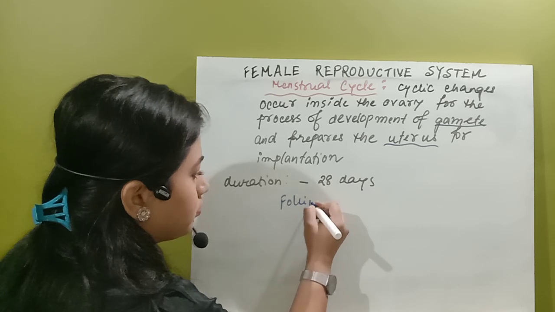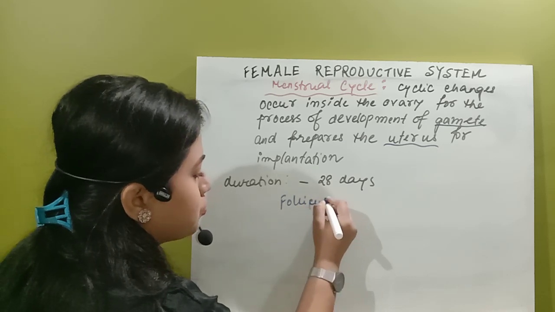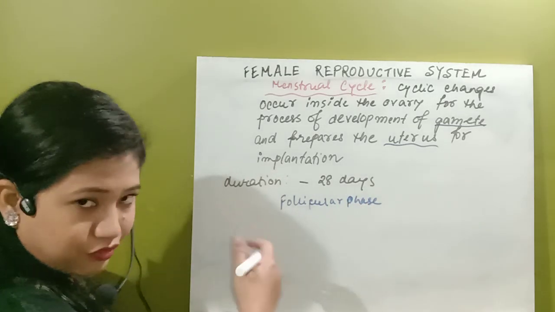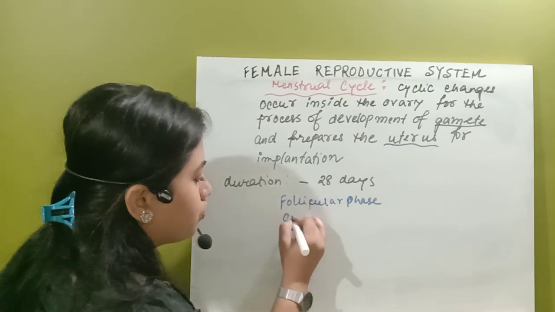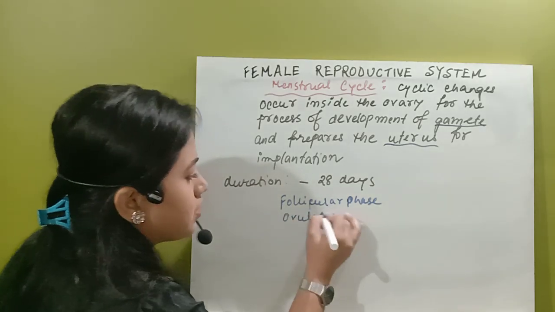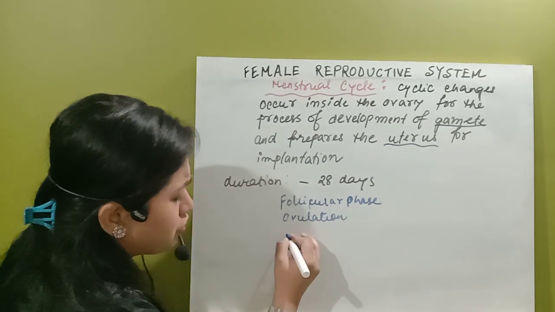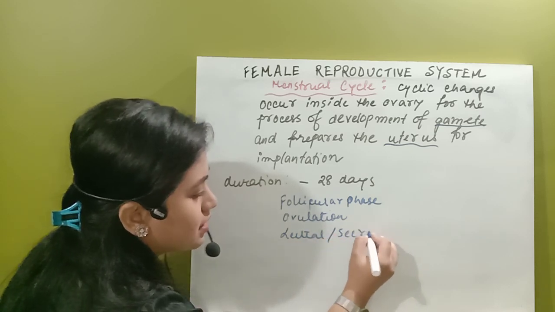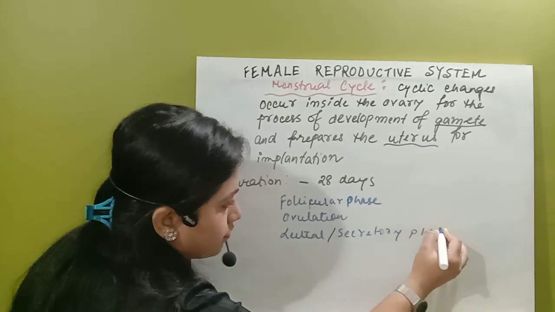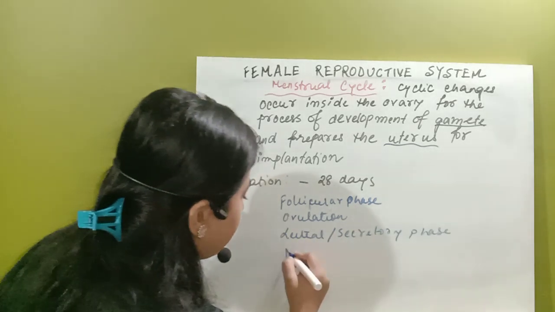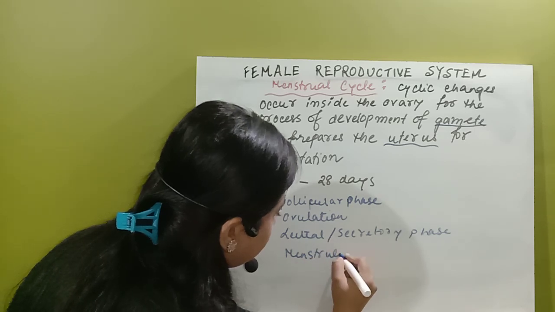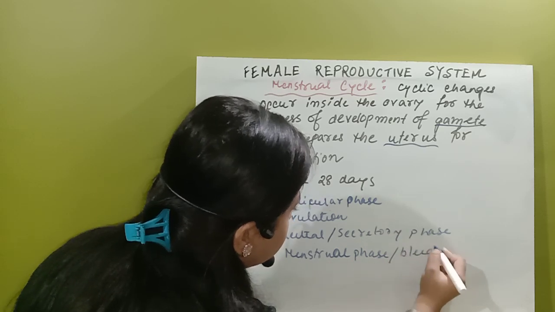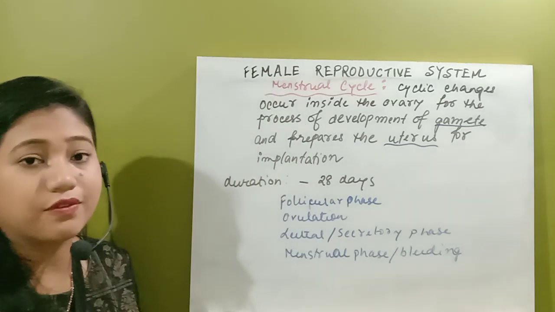Second phase, after the follicular phase, we have ovulation. Third phase is the luteal phase, which we can also call the secretory phase. And after that we come to the last phase, the menstrual phase or bleeding phase. So in the menstrual cycle we have 4 phases.